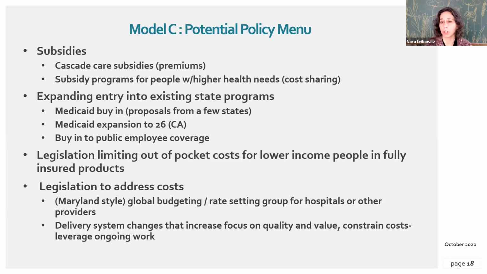Another way is global budgeting, where entities have a limit on how much the cost can increase and have to manage care within that. And then other delivery system changes that focus on improving quality and value, trying to get further away from a fee-for-service system where there are incentives to provide more and more expensive care.